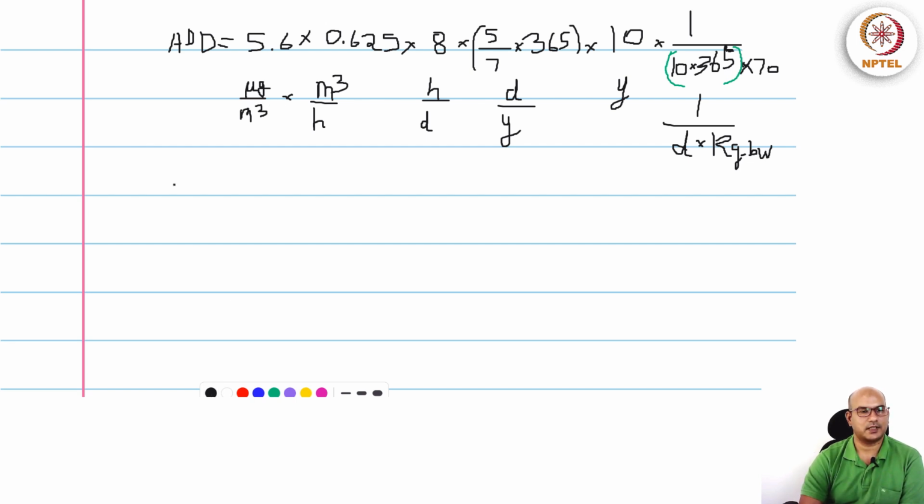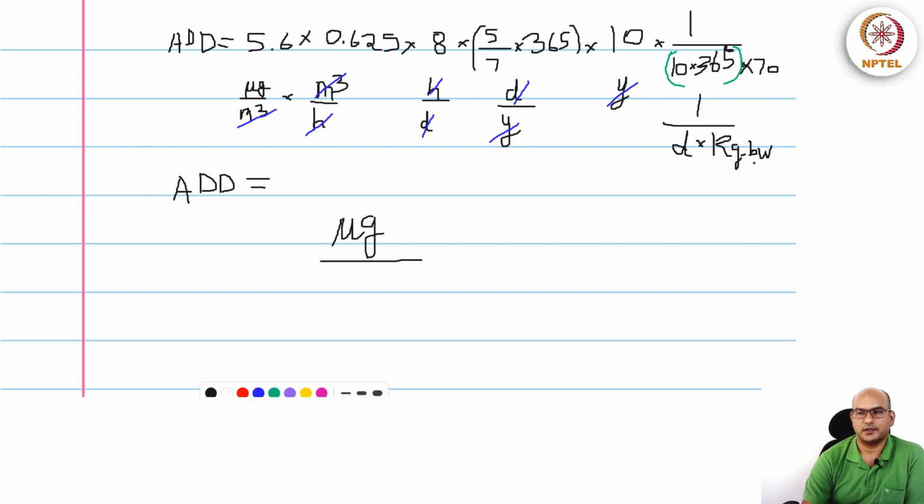When we compute all this, let us first calculate the units. Meter cube cancel, hour cancel, day cancel, year cancel. So our dose is going to be in micrograms per kg body weight per day.